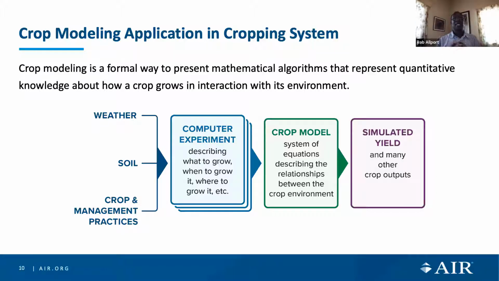So all that interaction is computed and the system is built, which we call the crop model, that can help us to simulate the yield and also help us understand the options that we may play with, whether it's the variety, like what even Rob Alport mentioned, where is best suited for certain varieties of crop or certain crops.